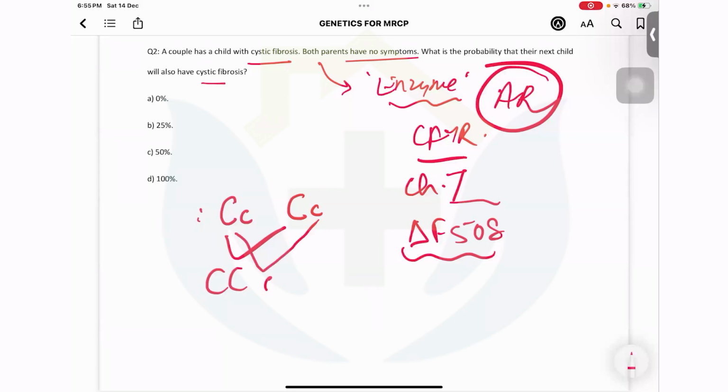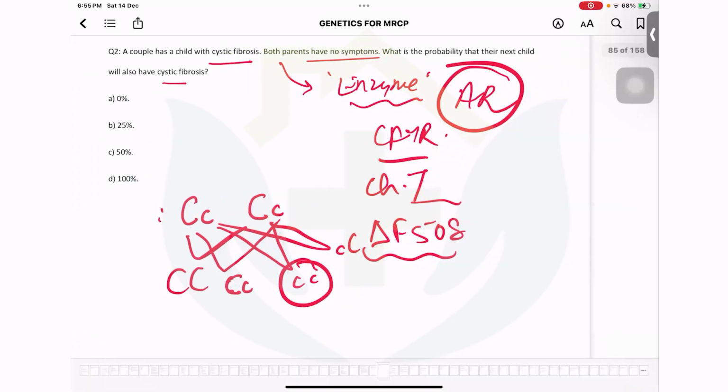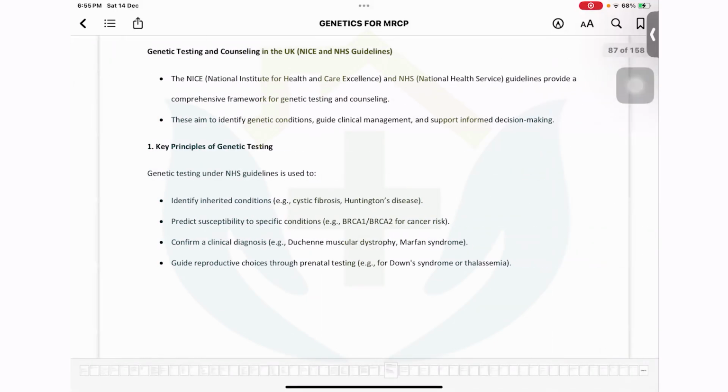Because it is autosomal recessive, we understand that both the parents have to be carriers. Okay? Both the parents have to be carriers. So what is the chance that the next child will also have cystic fibrosis? It is 25%. 25%, 1/4. Why? Because it is autosomal recessive. Only if both parents are carriers, then they can lead to this.